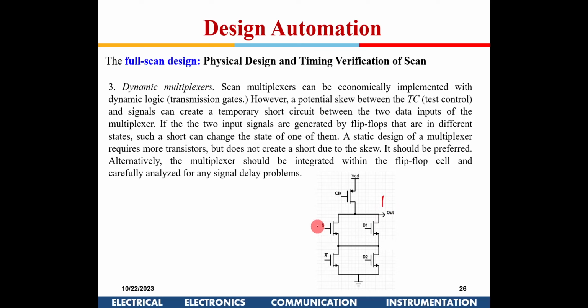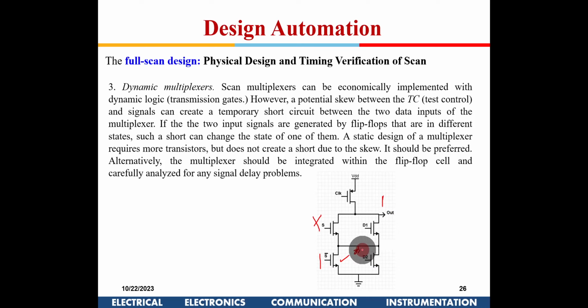Now if S is equal to 0, the select line is 0, then obviously this line is not there, this line is there, so this is connected. Whatever D2 is doesn't matter, because I have a ground here.